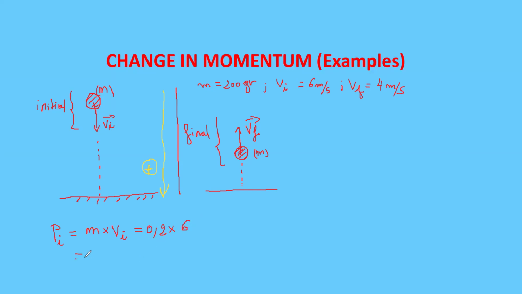The result is 1.2 kilogram meter per second. This is a positive velocity, plus 6. Why plus 6, not minus 6? Because this vi is directed in the same positive direction that I selected, downwards. So the result is positive. The pi is 1.2 kilogram meter per second downwards.